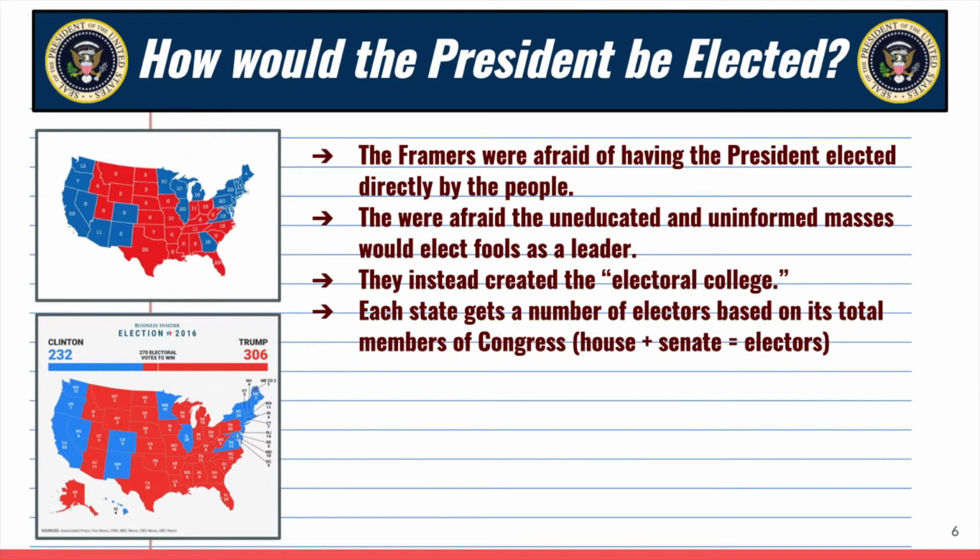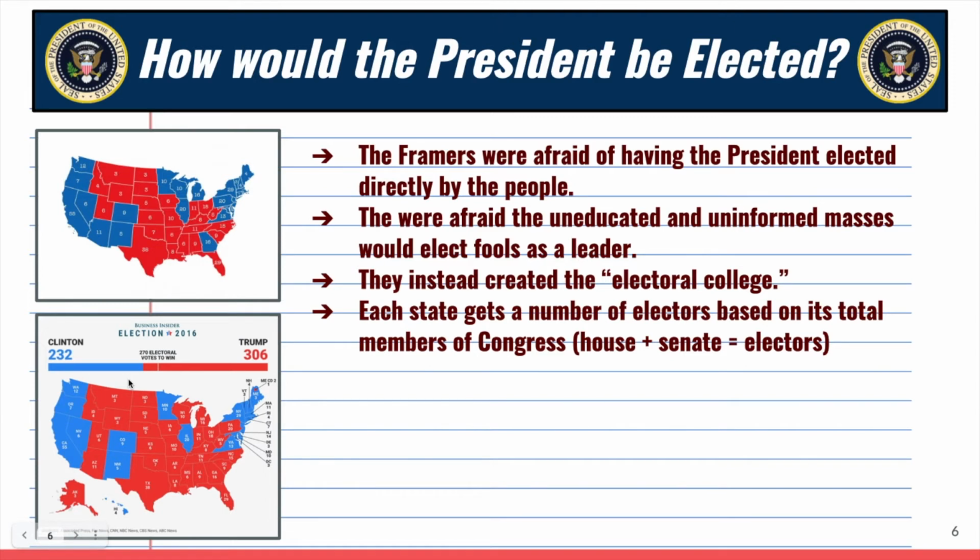There are currently 50 states with 535 electors, and Washington, D.C. is given 3 electors. 535, there are 435 members of the House of Representatives and 100 senators. So there are 535 total electoral votes. What you see on the left are the last 2 presidential elections.